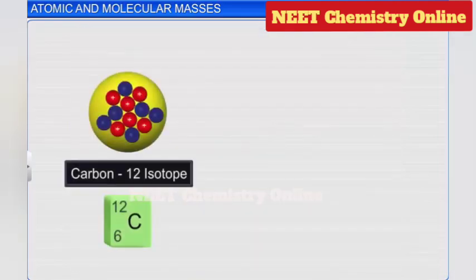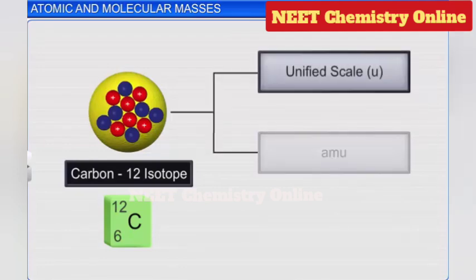When chemists expressed atomic mass on carbon-12 scale, they named it the unified scale, and the unit was represented as U instead of AMU. Though AMU is still used in most places, chemists now use U as the unit.